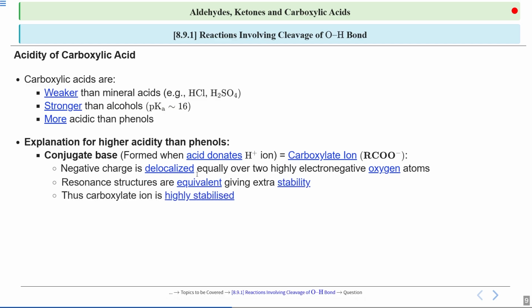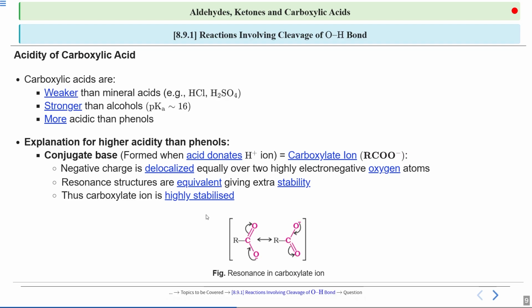Next, the resonance structures of the carboxylate ion are equivalent. Equivalent means they are giving extra stability. And this high level of stabilization is the reason why carboxylic acids are more acidic than phenols.